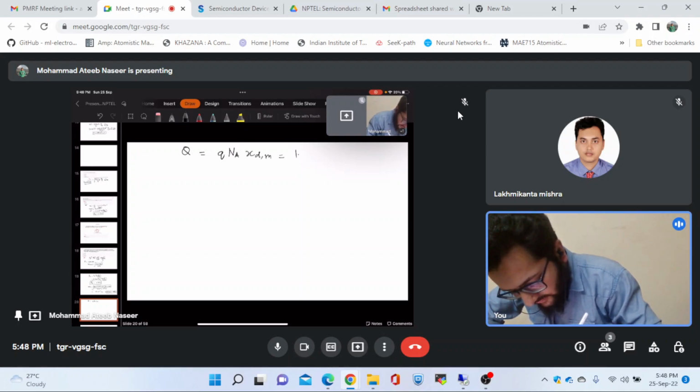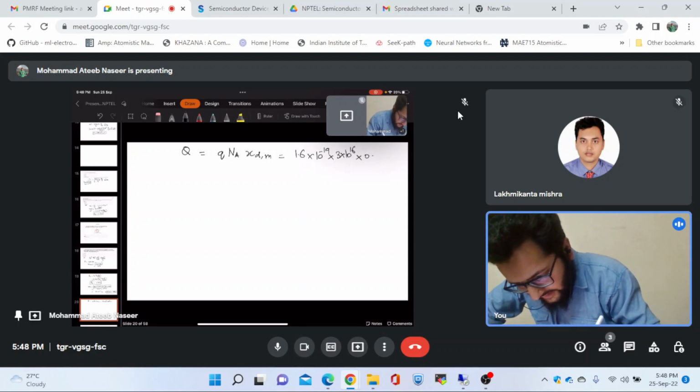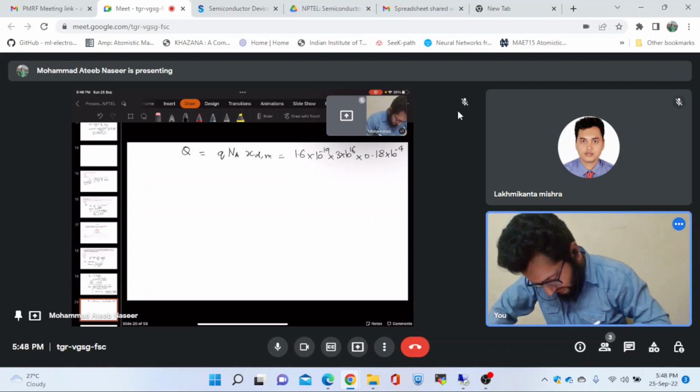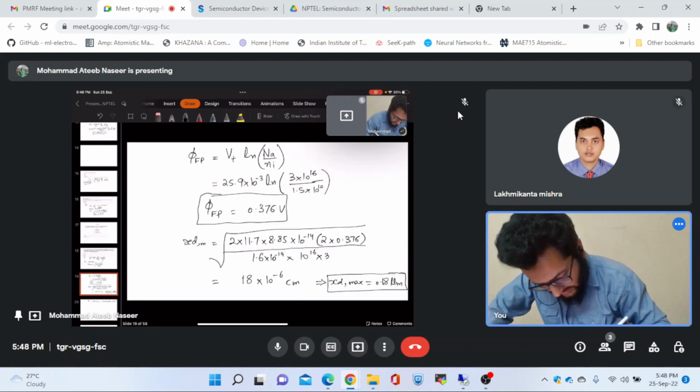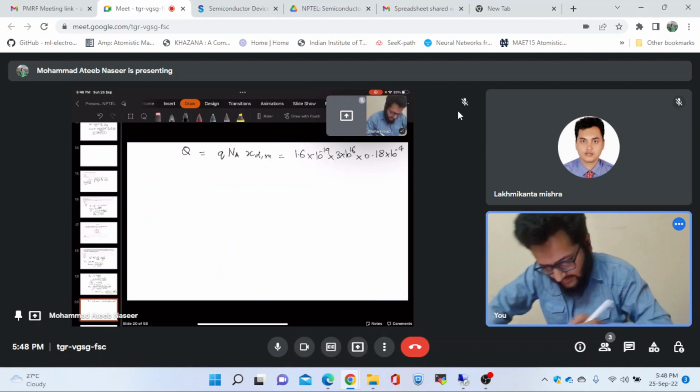It should be equal to 1.6 into 10 raised to the power minus 19, into 3 into 10 raised to the power 16, and xdm has been obtained to be 0.18 micrometer, that is 0.18 into 10 raised to the power minus 4. Yes, this is correct.